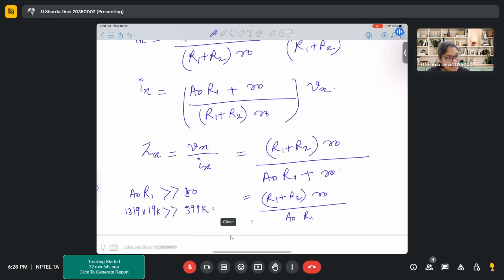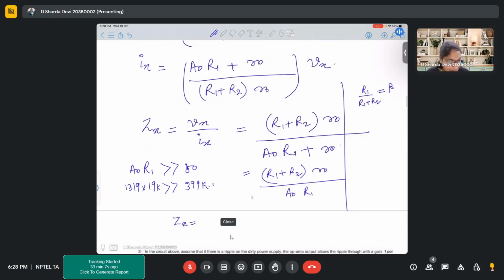So this factor of R1 upon R1 plus R2 is known as beta. So if we want to write this Zx, we can write it as R naught upon A into beta.